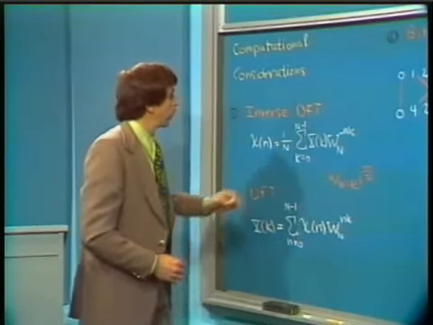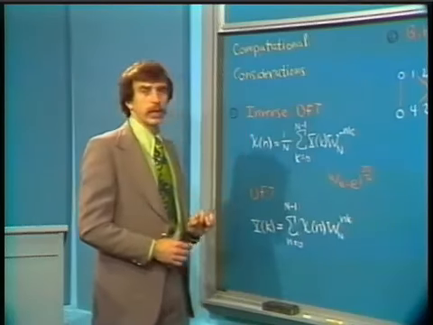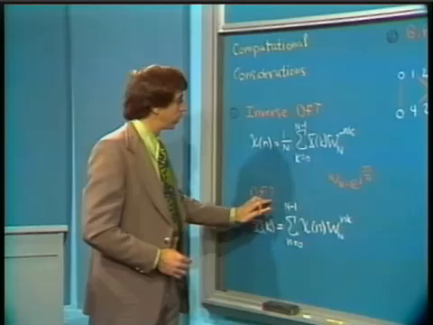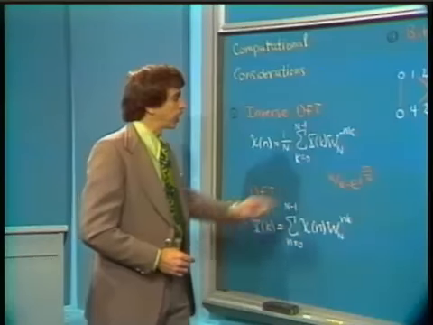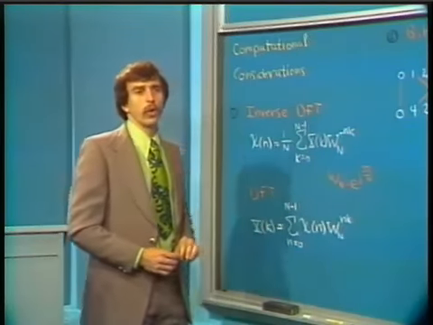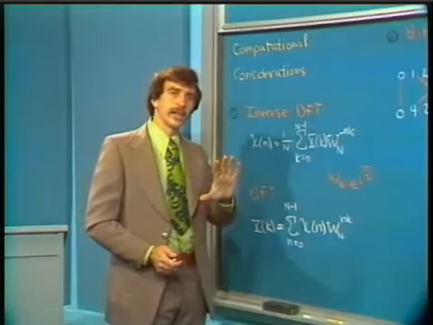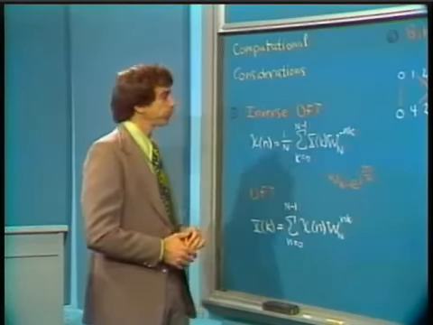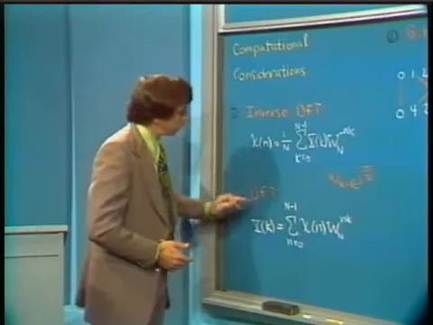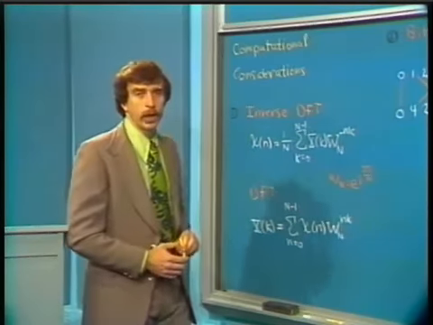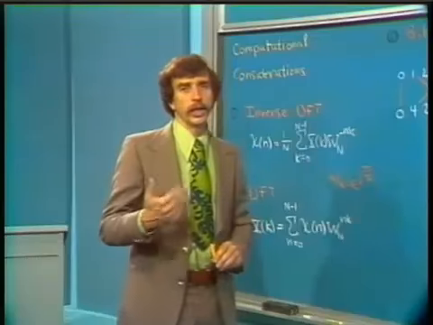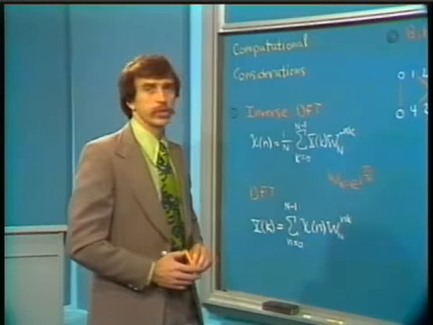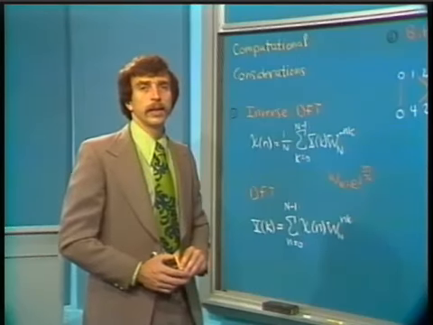So we can either compute the inverse DFT from an algorithm which is aimed at the forward DFT by conjugating the coefficients, or equivalently by essentially flipping the output modulo capital N. So all of the algorithms that we have talked about then relate in a very straightforward manner to the computation of the inverse discrete Fourier transform.